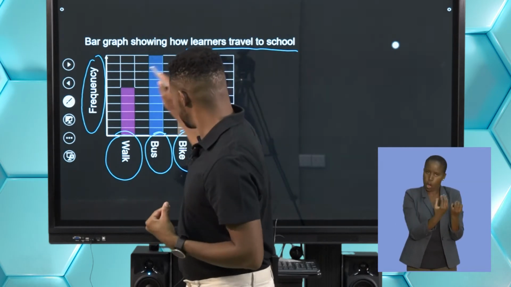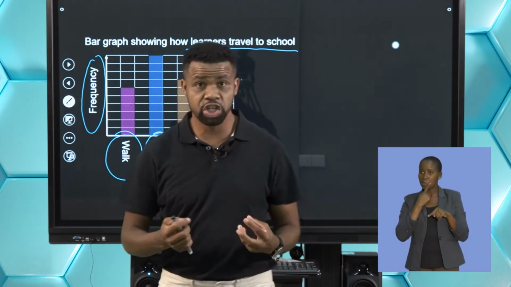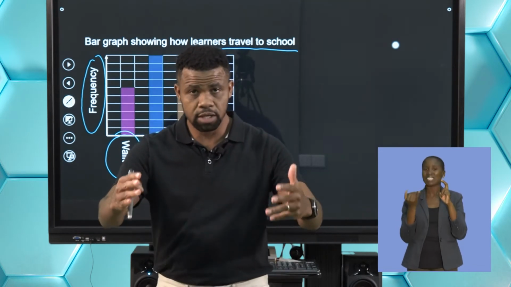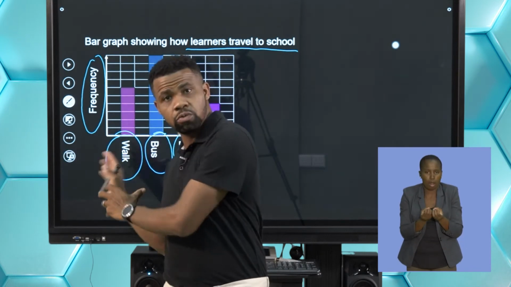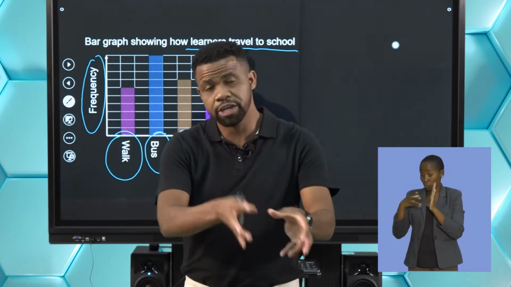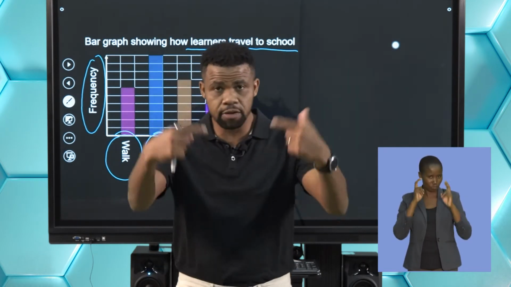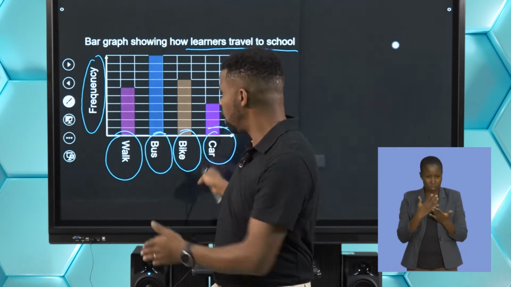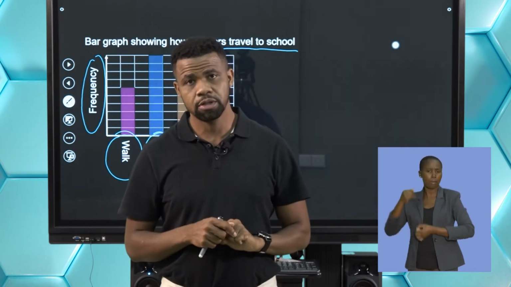What we see here is that the bus is actually the mode. Mode implies the most occurring. Most of the learners at the school use the bus to get to school. Those are the categories, because we're talking about traveling to school: walk, bus, bike, or car. And the frequency is actually the actual numbers.